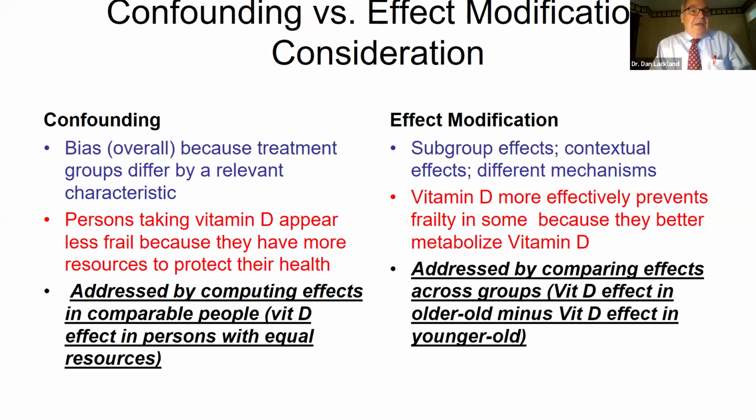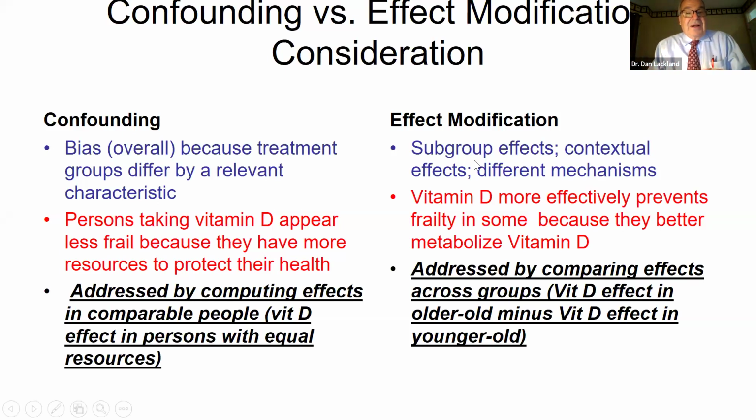As a confounder, vitamin D might be more of a confounder if the different treatment groups differ by a relevant characteristic. For example, men and women may respond differently to vitamin D supplementation. Something like that, where vitamin D might now be more of a bias and a different type of indicator.